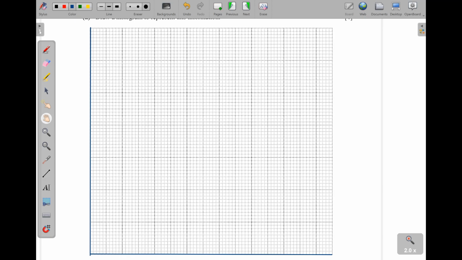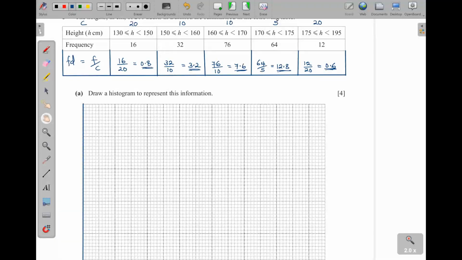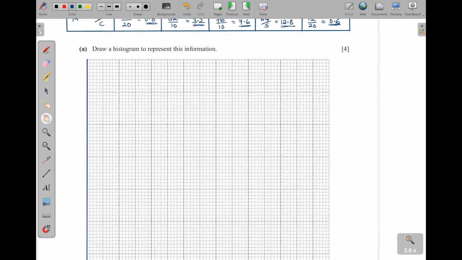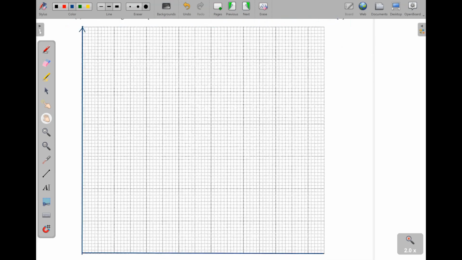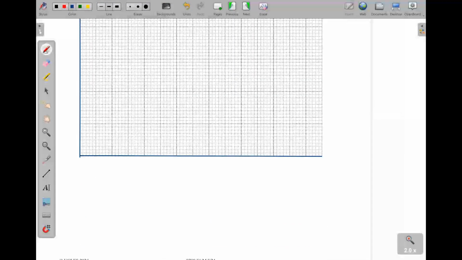Since the classes here are beginning from 130 then to 195, I can take my 130 as the first one. Of course, you must put arrows on the axes to show where the values are increasing.